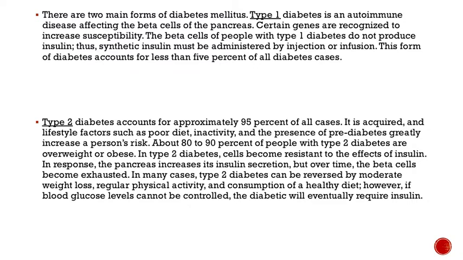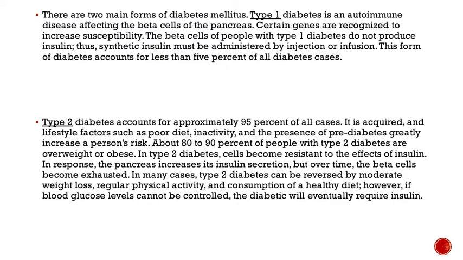Type 2 diabetes accounts for approximately 95% of all cases. It is acquired, and lifestyle factors such as poor diet, inactivity, and the presence of prediabetes greatly increase a person's risk. About 80 to 90% of people with type 2 diabetes are overweight or obese. In type 2 diabetes, cells become resistant to the effects of insulin.